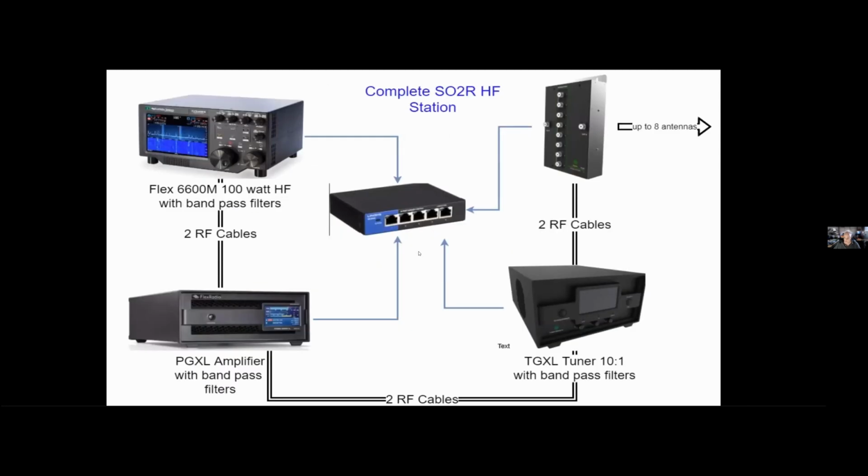This is what a FlexRadio SO2R station looks like. Basically a little pistol kind of contest grade station with the 6600M or PGXL amplifier, the tuner, a switch, and the Antenna Genius, which allows you to share up to 8 antennas with this one radio.